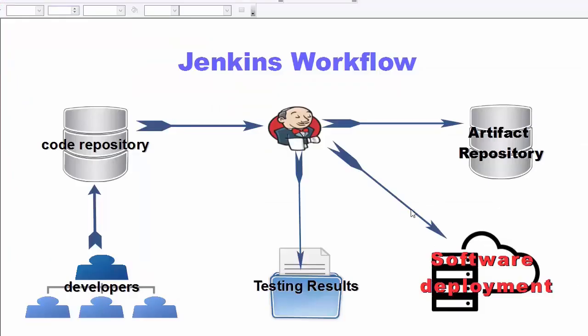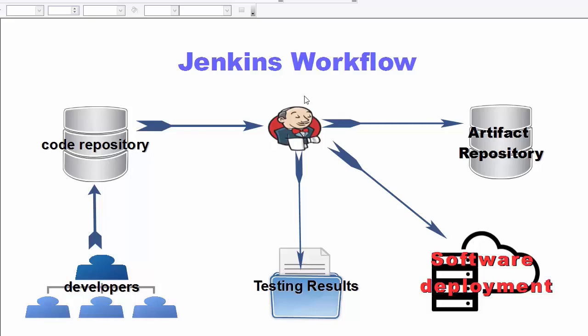Now to explain this, I will reopen this diagram which I have shown you in the introduction of Jenkins. So every change which you make in your software, for example, you are a developer and you make changes in the software and you push those changes into your code repository. In our case, for example, we will take the Git repository, right?